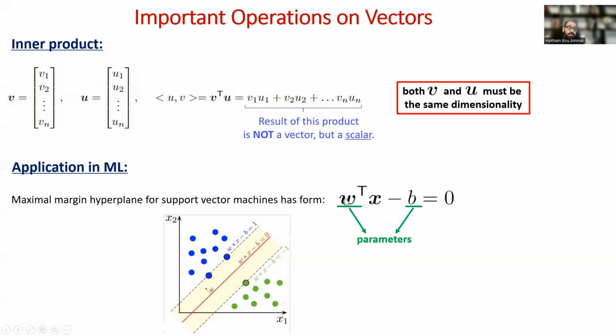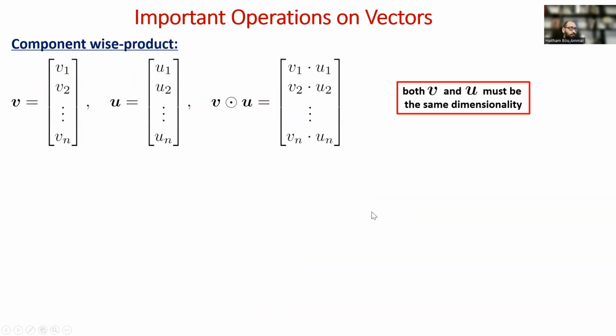Please notice, as we said, that w transpose x is a real number, a scalar, not a vector, because you just add those things together. So from those two vectors, w and x, the inner product gives a number. Now I subtract from it another parameter b, which is also a number. That's why this equation makes sense, because you can subtract a number from a number.